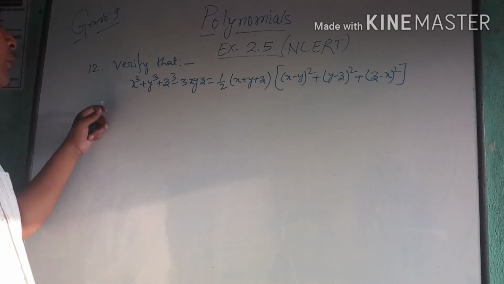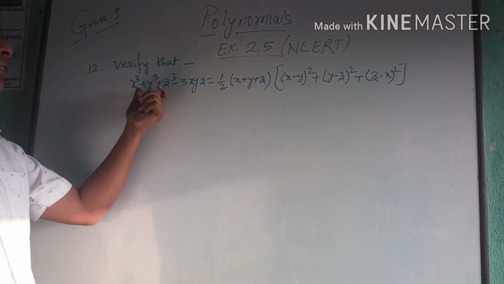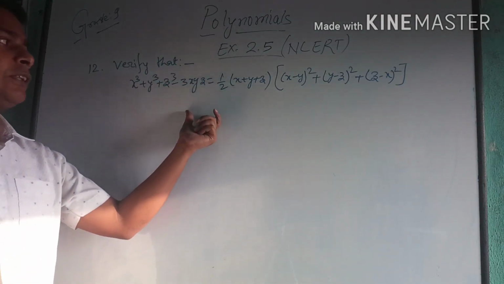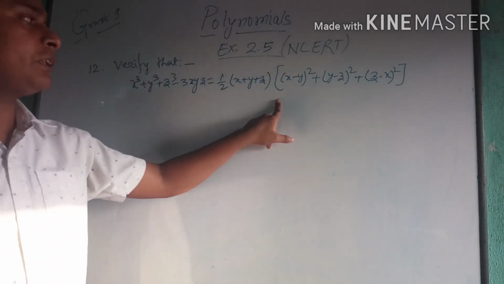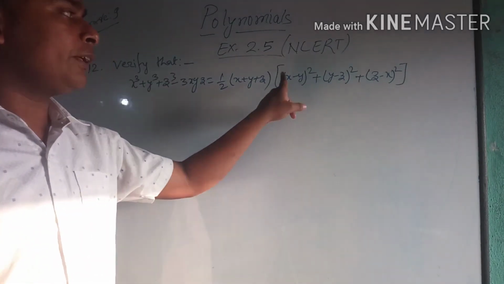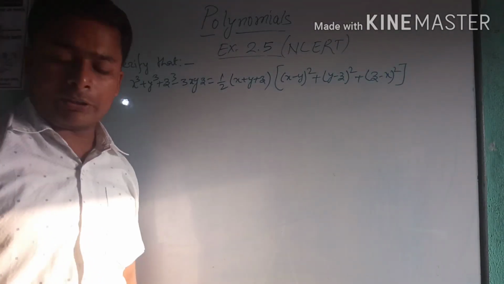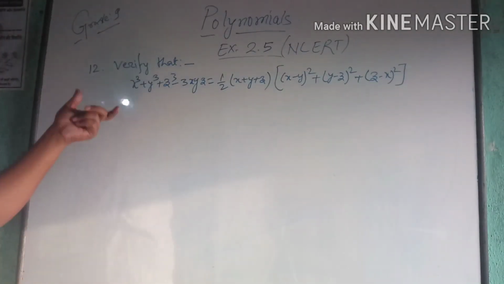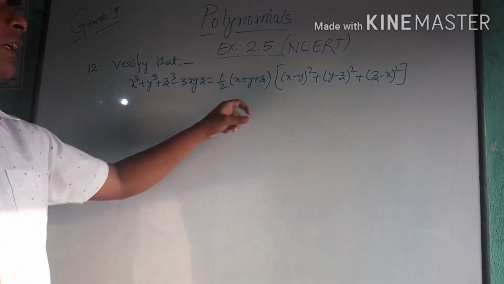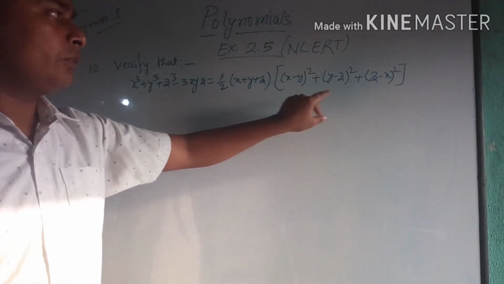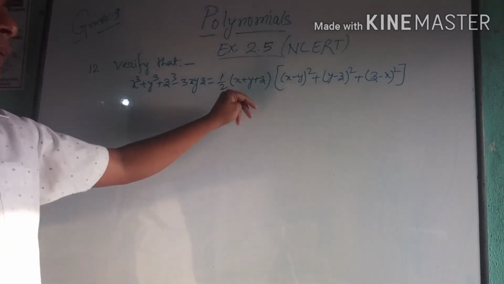Now in question number 12, verify that x cube plus y cube plus z cube minus 3xyz is equal to half into x plus y plus z into x minus y whole square plus y minus z whole square plus z minus x whole square. My dear, this can be simplified in two different ways. If we simplify your RHS, with these squares and the product, you will certainly get the left hand side.